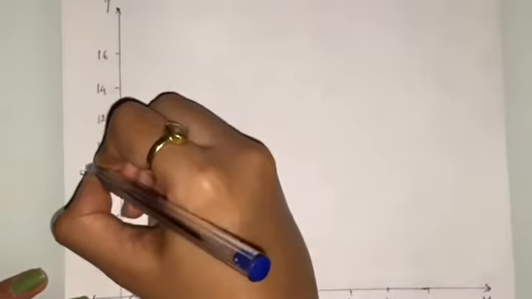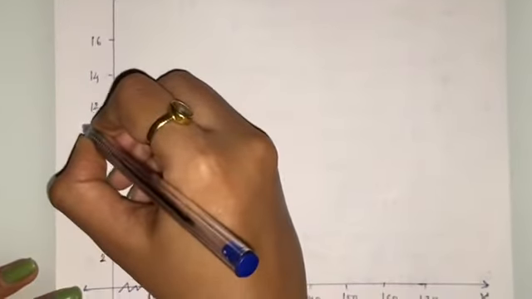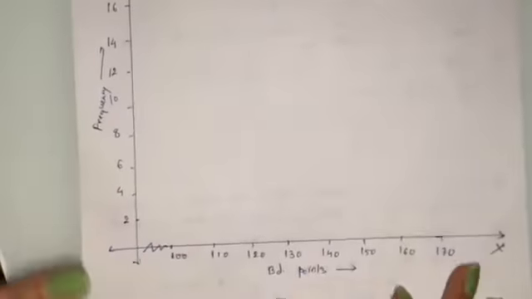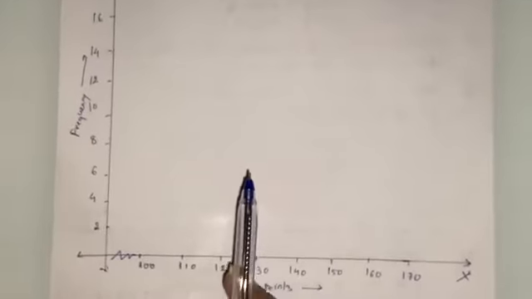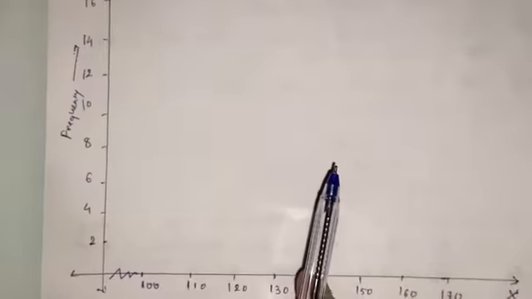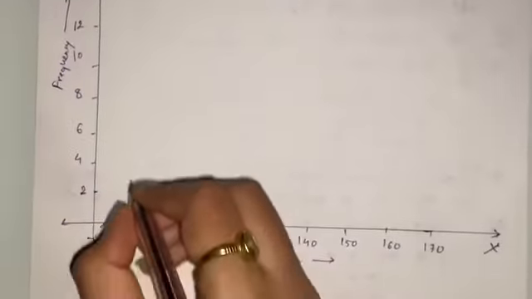So and this is frequency that side. Okay, now let's mark with 100 your frequency is 4, so it will be this point.